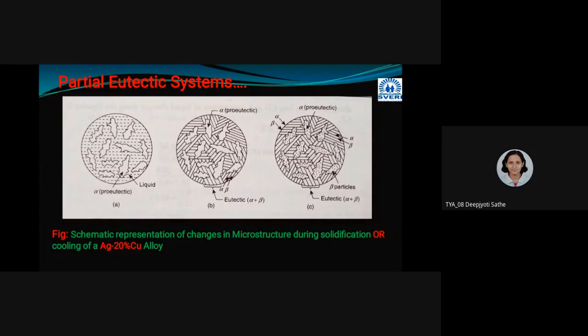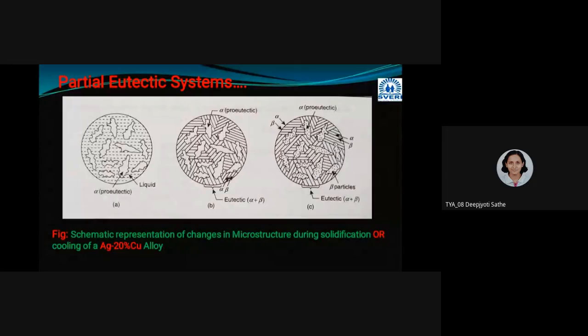That is shown by the dotted form, and that is the beta phase, or beta particles. Why are these beta particles coming out from that alpha? Because it has become a supersaturated solid solution. Supersaturated means the solubility is exceeding the limit.